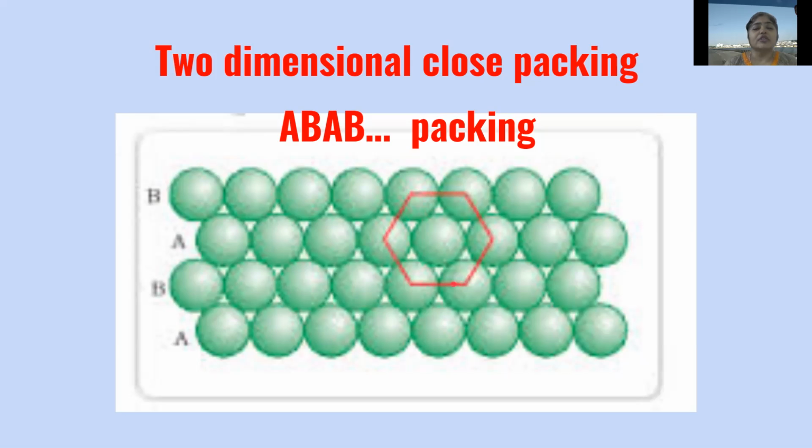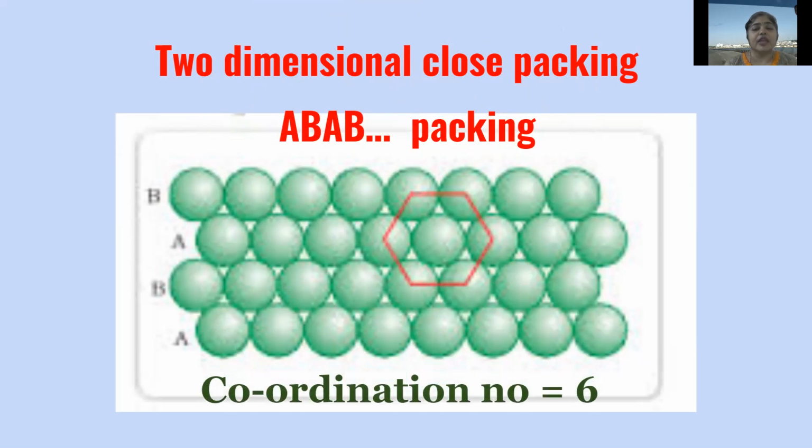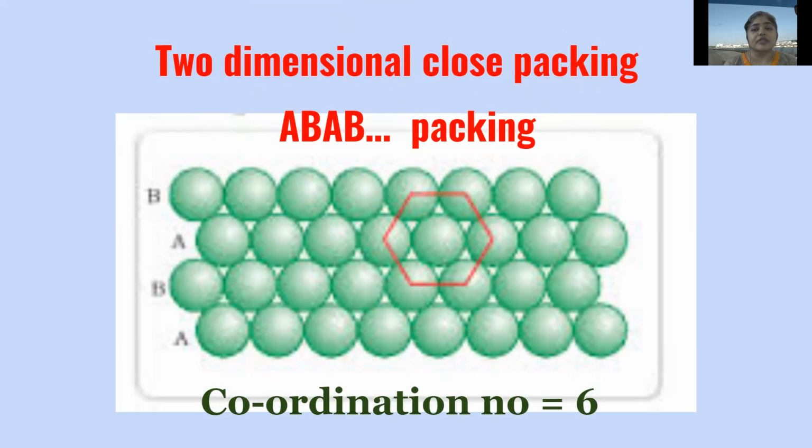Because it is in contact with six other spheres, we are getting a hexagonal shape here. So the coordination number, or the number of atoms with which this particular atom is in contact, is equal to 6. Therefore, the coordination number in the two-dimensional AB type of packing is 6.